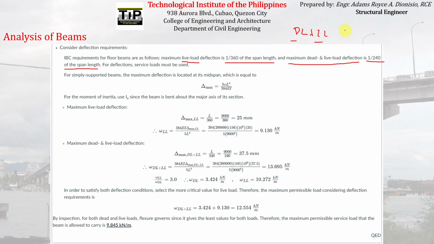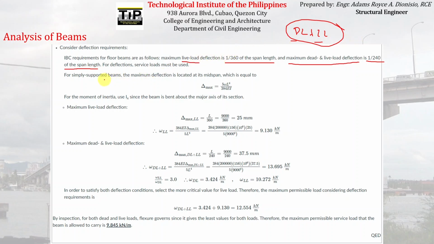So we have to make sure that the dead load here will not exceed the given load that would produce a deflection larger than allowed by the code. We have to compute a dead load plus live load that will not induce a deflection larger than what is specified by the code.